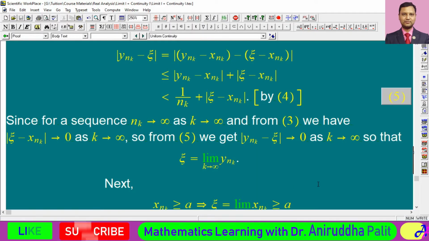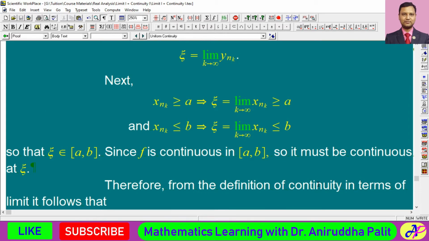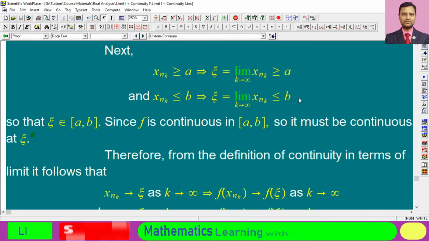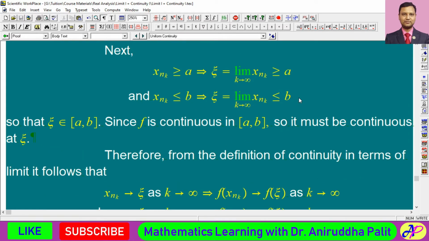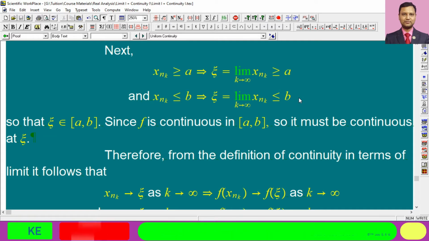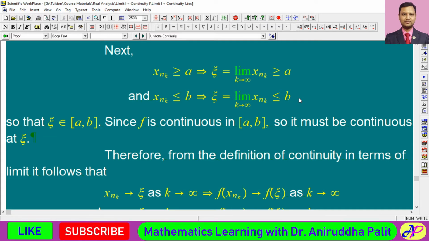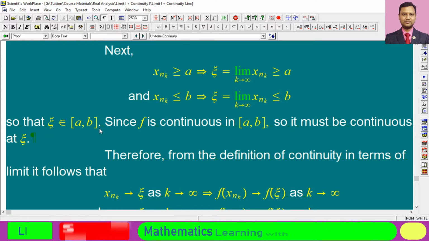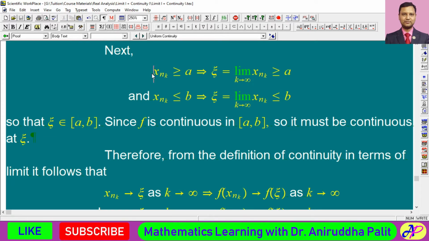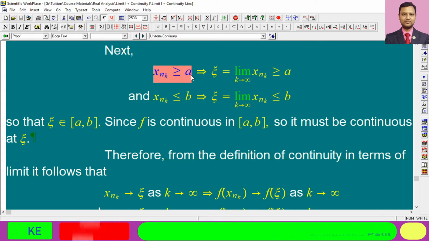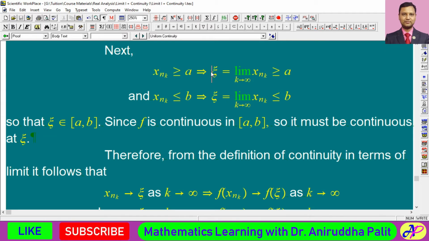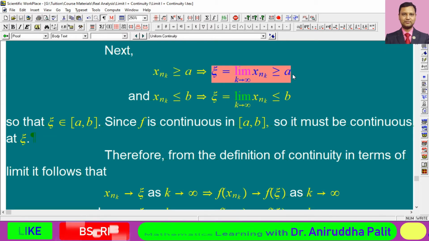Now we are going to prove a contradiction because of our assumption. What did we assume? We assumed that the function f is not uniformly continuous. Over here, each and every xnk is chosen from the interval [a, b]. So xnk should be greater than or equal to a, and that's why this limit xi should be greater than or equal to a.